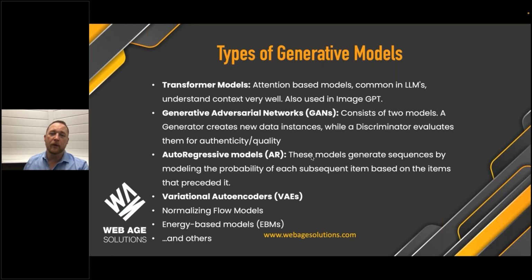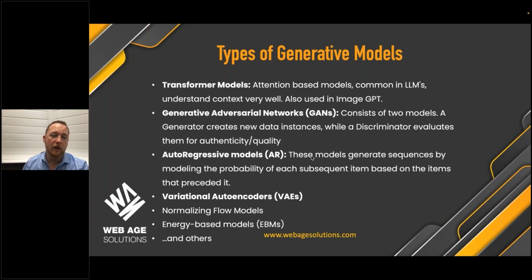There are autoregressive models, which, to overgeneralize, are used in LLMs like transformer models, but they focus on a probabilistic modeling of the sequence, a sequence of words for example for LLMs, to be able to predict the next term.